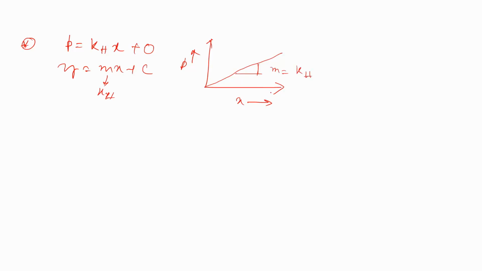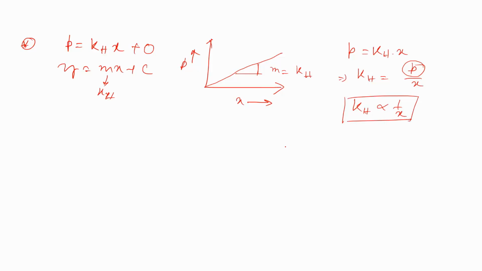There is another statement we can make. Partial pressure P equals KH into x, so KH equals partial pressure by x. If I consider the partial pressure constant, then KH is proportional to 1 by x.